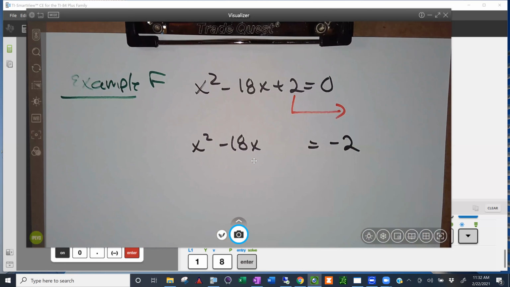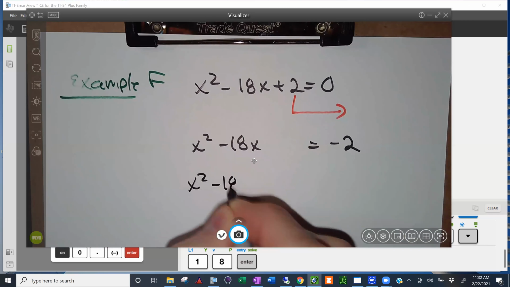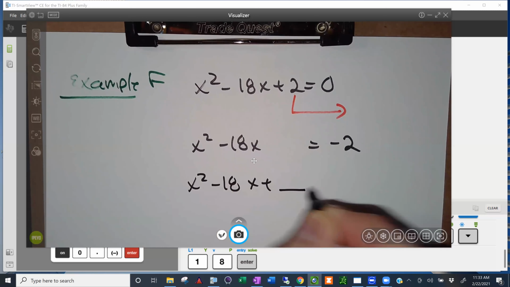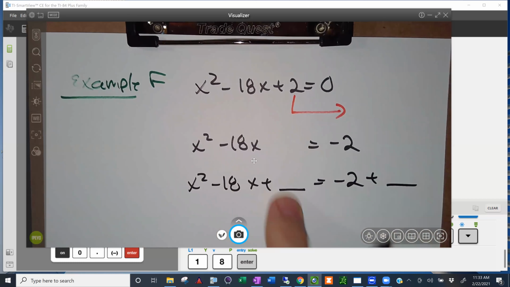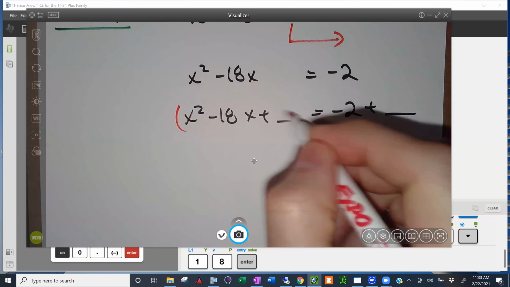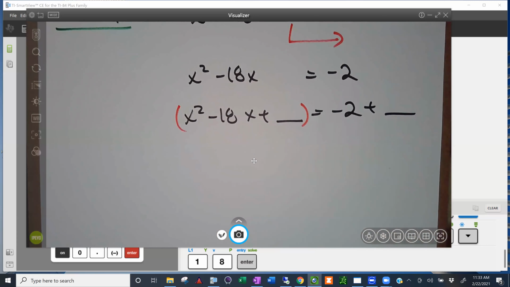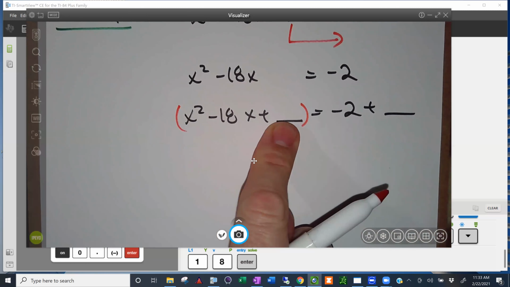Now the trick is, I want to come up with a number that makes this a perfect square. I want to write this as something squared on the left-hand side. So what number do I put there to make that a perfect square?